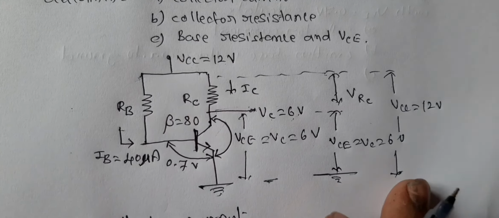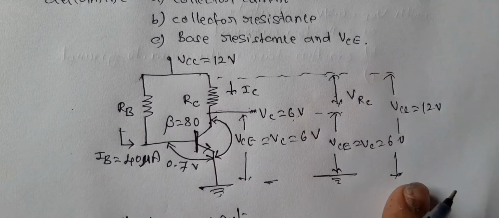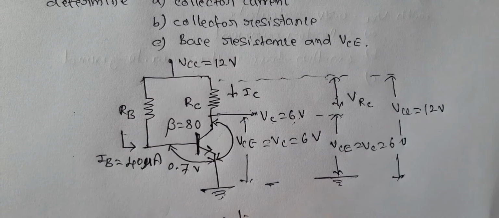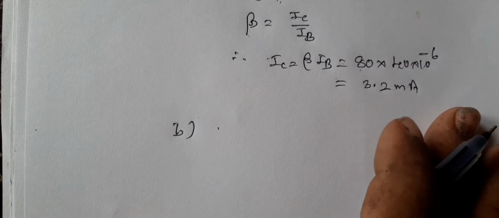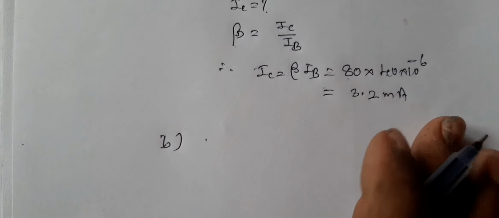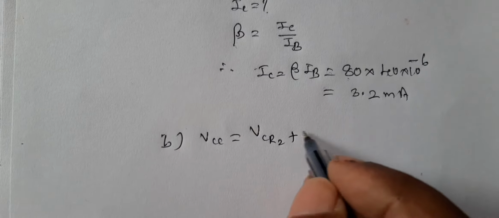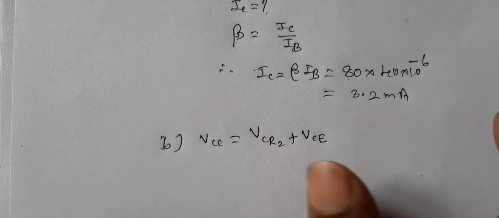So from this figure, VCC is equal to VRC plus VCE.